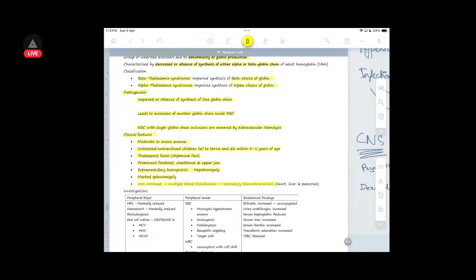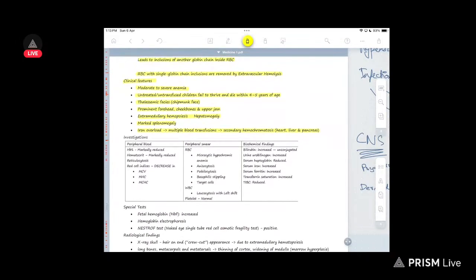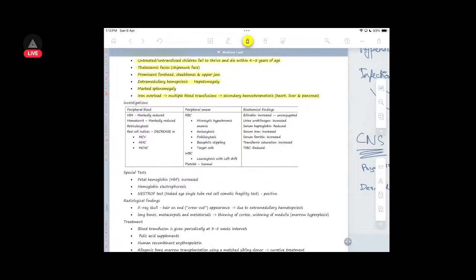Iron overload will occur due to multiple blood transfusions. Secondary hemochromatosis of the heart, liver and pancreas will be seen. They will appear like a chipmunk, with extramedullary hematopoiesis, hepatomegaly, marked splenomegaly and iron overload.